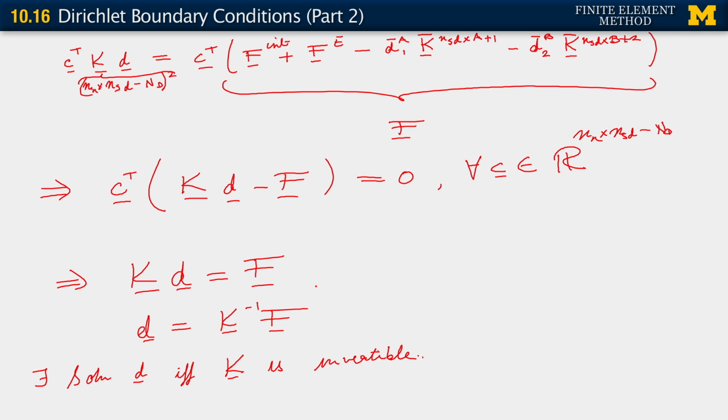Under what conditions is it invertible? What can you think of that guarantees invertibility of that matrix? It turns out that for the 3D elasticity problem, K is positive definite.